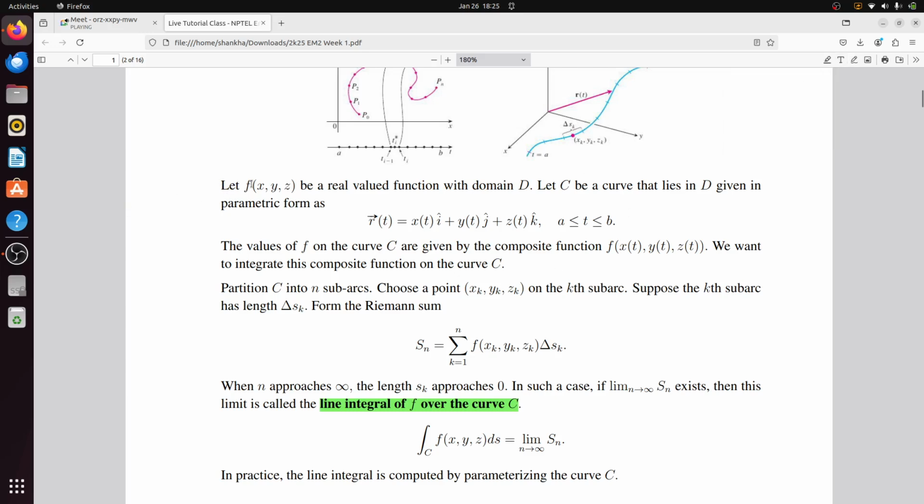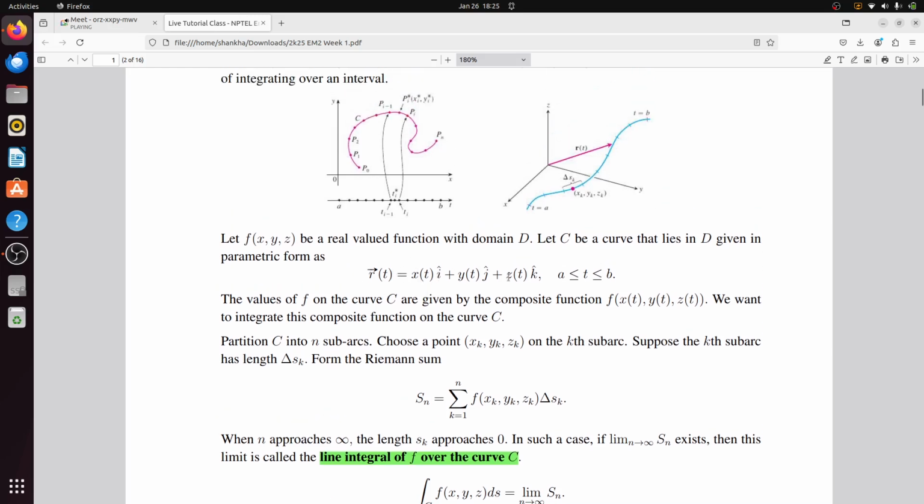Let f(x,y,z) be a real valued function with domain D. Let C be a curve that lies in D given in parametric form r(t) = x(t)i + y(t)j + z(t)k, where t is the parameter. In 3-dimensional space you have 3 coordinates, x, y and z.